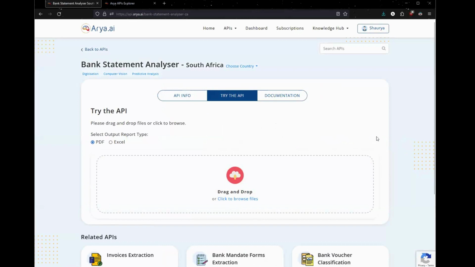I'll give a small intro about the bank statement analyzer. A bank statement analyzer offers a comprehensive insight into an individual's financial health by capturing details such as liabilities, inflows, outflows, and recurring transactions. I'll give you a demo of one bank statement which we have.